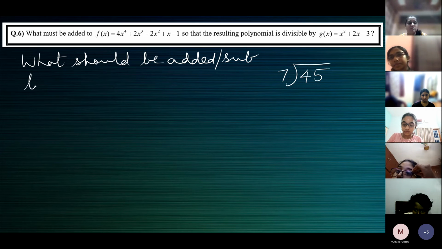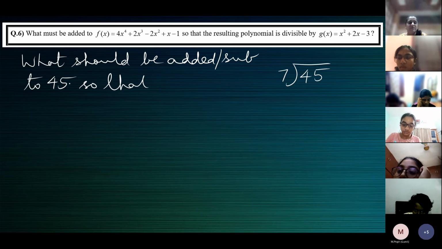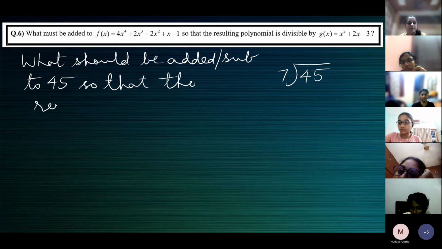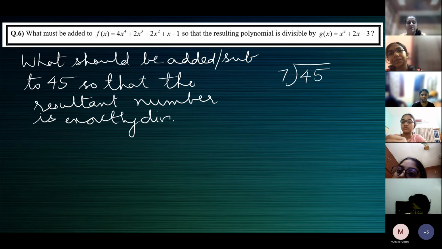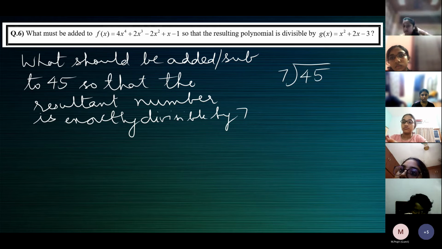What should be added to 45 so that the resultant number is exactly divisible by 7? Now we know that 45 is not divisible by 7. So we'll have to perform the long division.